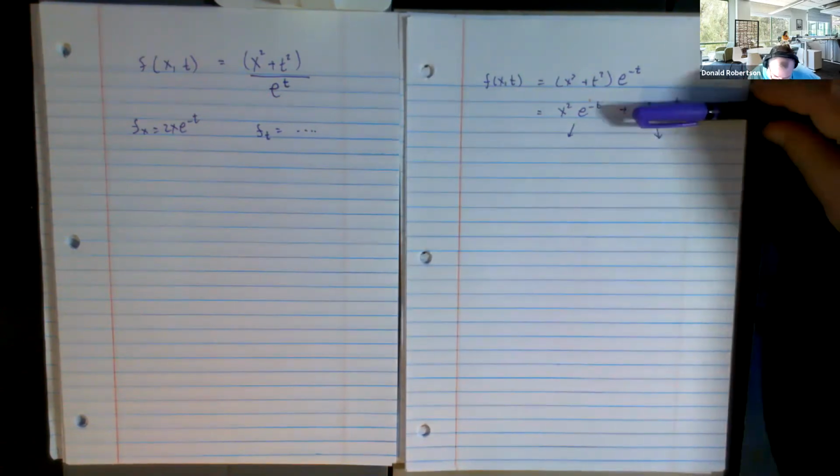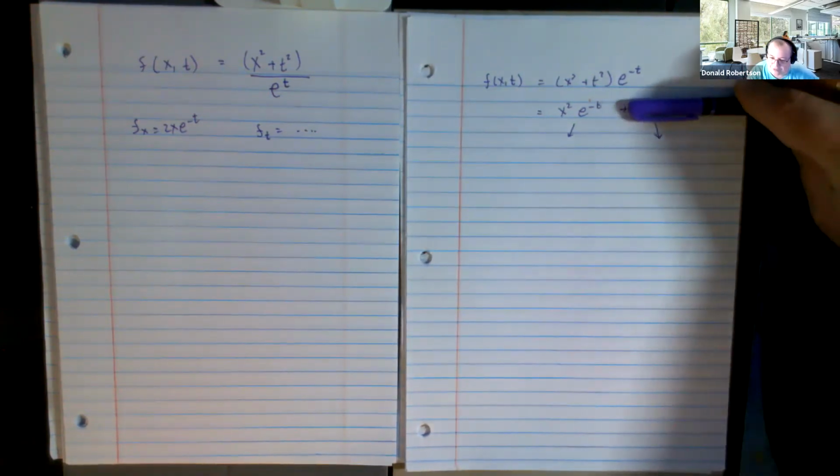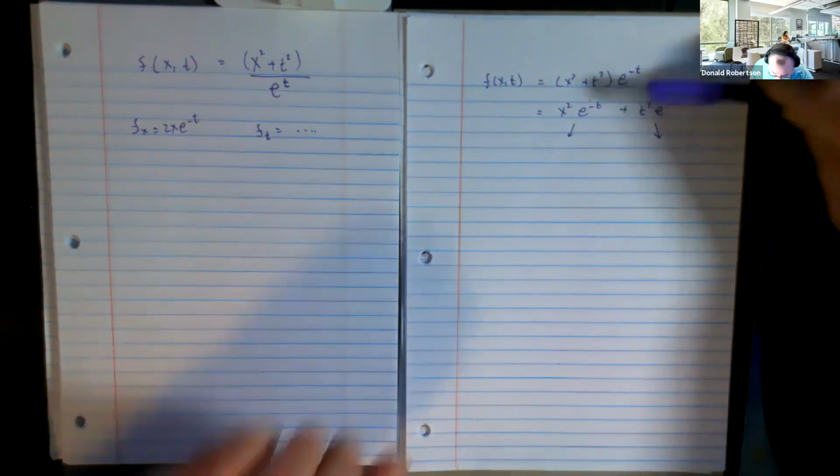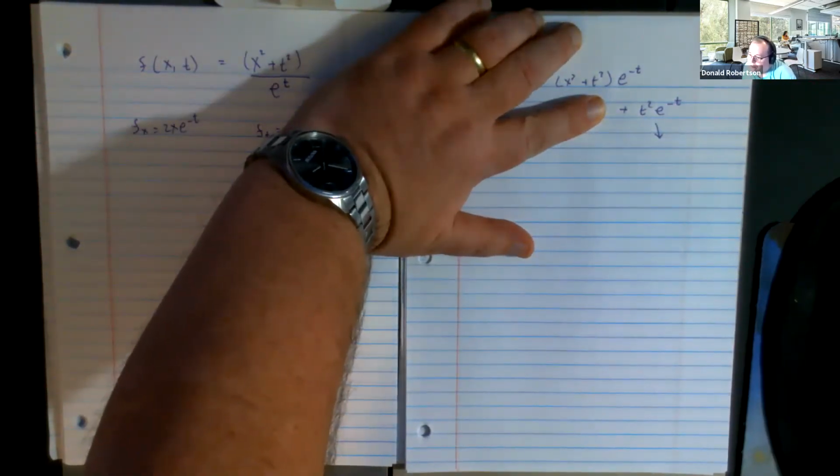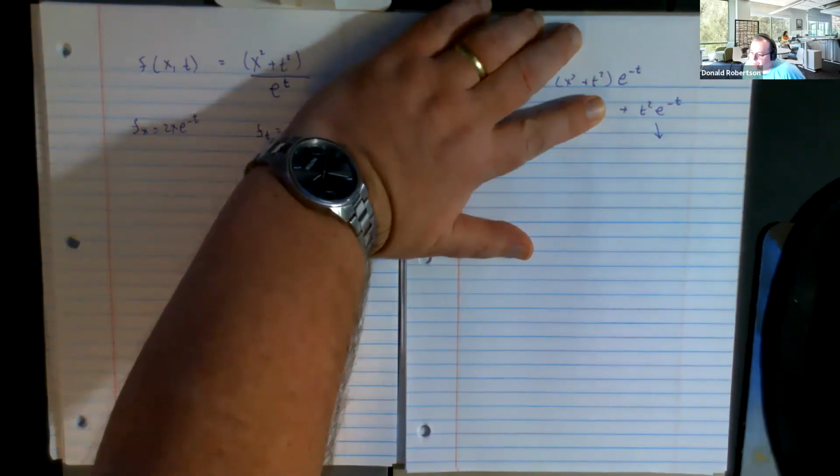You'd find the partial derivative of this term with respect to t, and then this one. This one here would be what, a product rule? And off you go. So there's no reason in the world why the letters have to be x and y, right? They could be u, v, w as well.